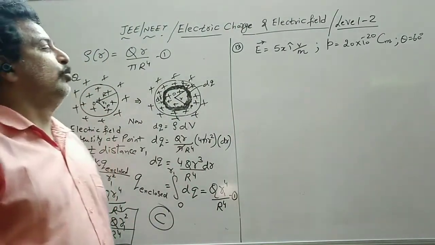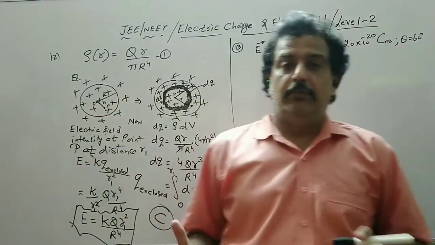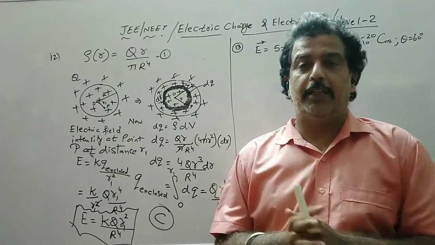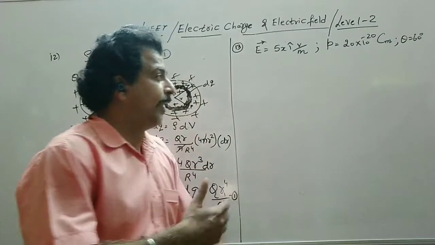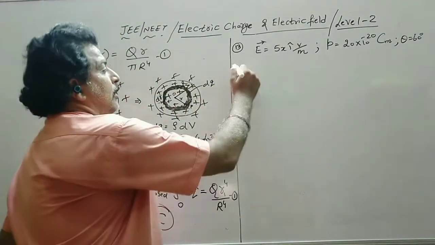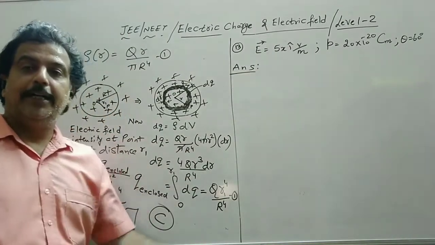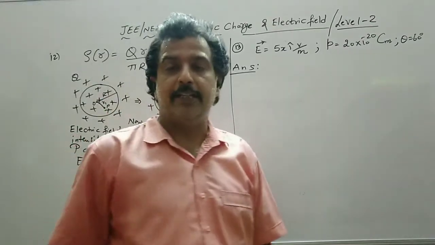Now before we move on to this numerical, let us derive the general formula for a dipole placed in a non-uniform electric field. So in the coming days you can directly apply this formula. So first we will try to do the theory for an electric dipole placed in non-uniform electric field.